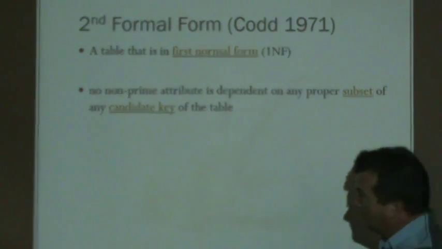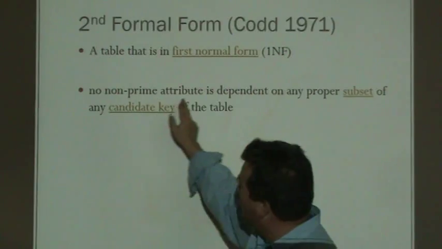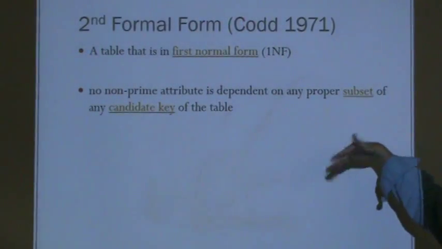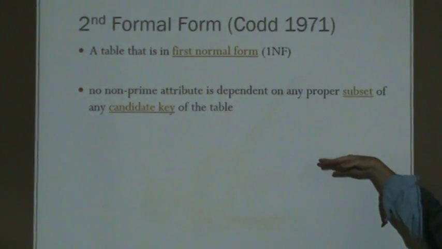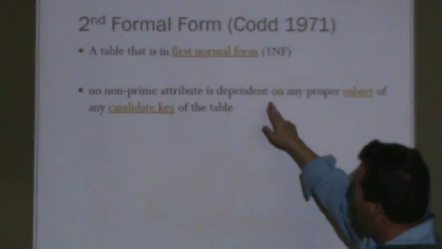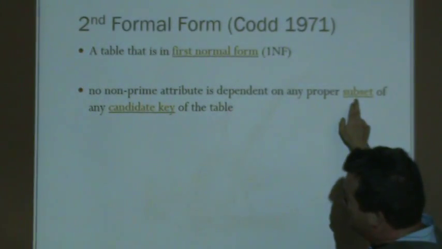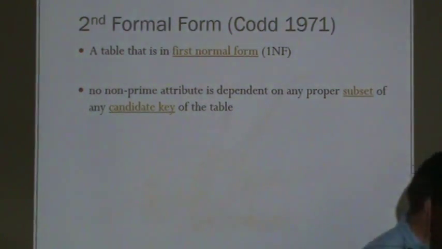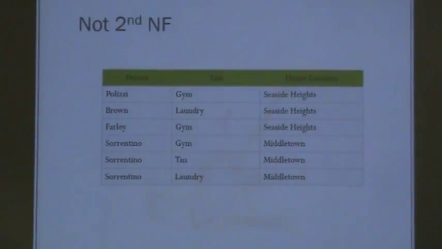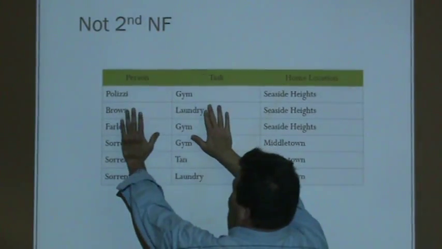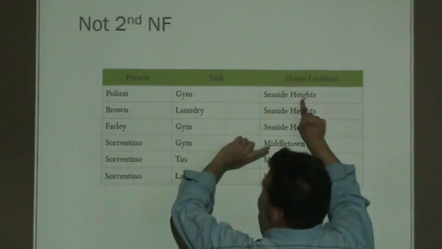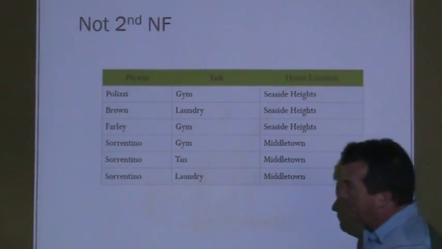So in order to be in second normal form, no non-prime attribute, like where the person lives, can be dependent on a proper subset of a candidate key. So this is the candidate key, these two together, but this field is only dependent on one of them.